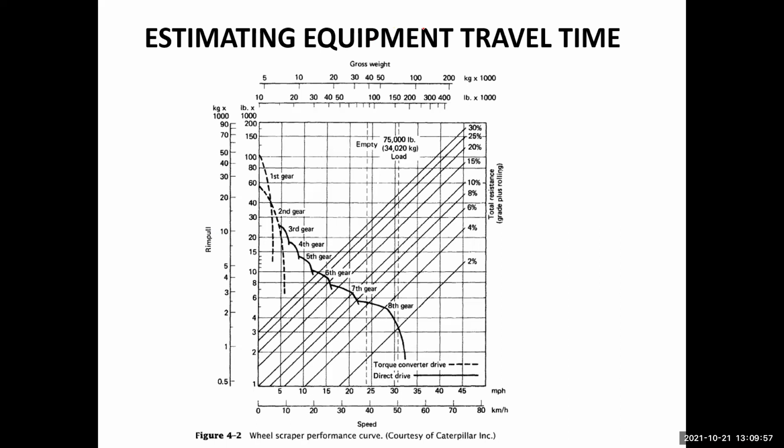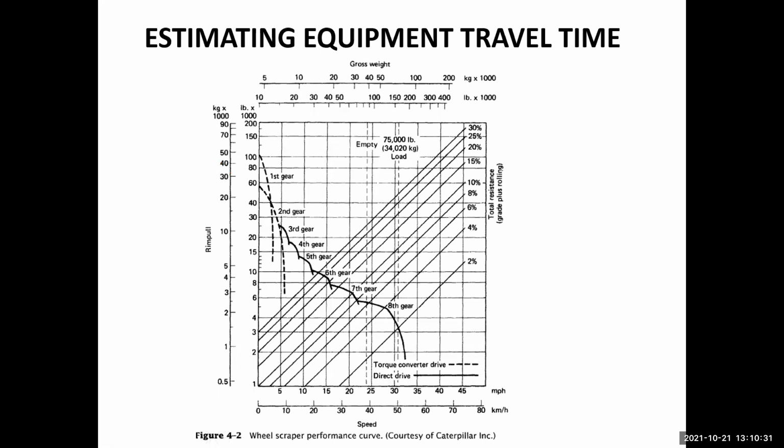On the top, the gross weight has been given, and then there are certain rating curves for the grades, 8%, 2%, 5%, 8%, 6%, etc. So this is a very comprehensive type of chart for the calculation of the wheel scraper performance curve.